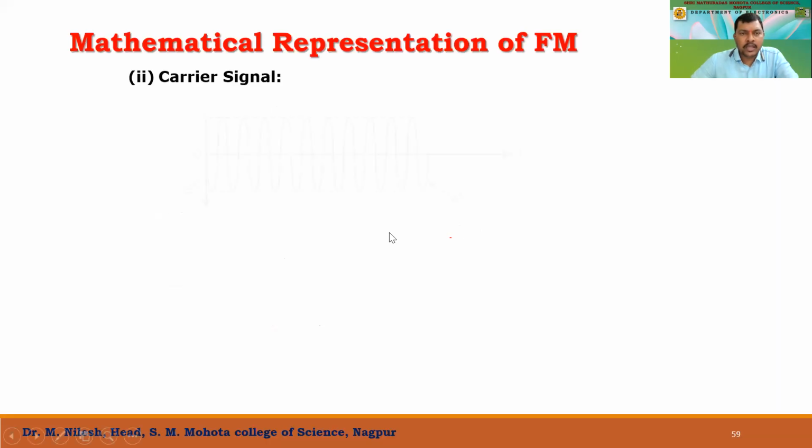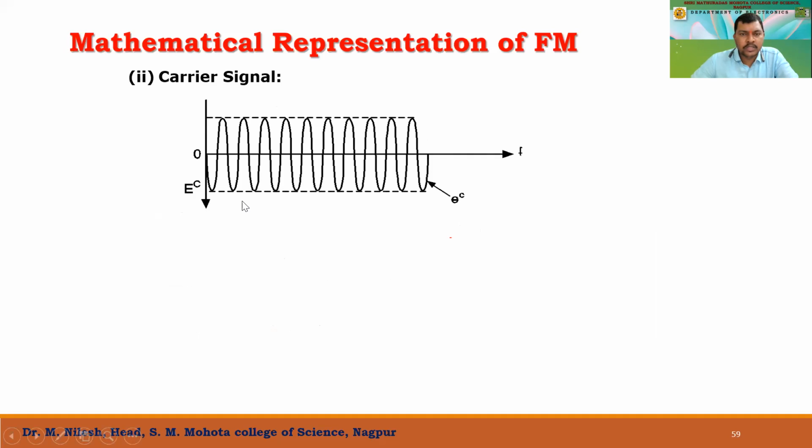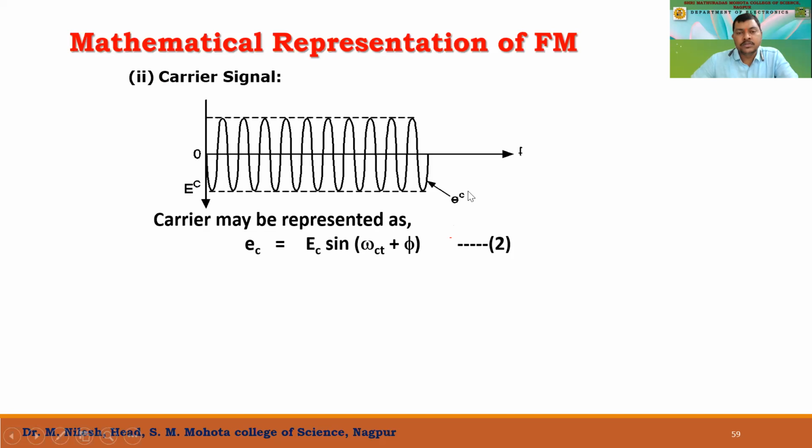Then for the carrier signal, again the carrier signal looks like this. We take capital Ec as the maximum amplitude, and omega c t as the phase angle term. So ec equals capital Ec sine of omega c t plus phi.